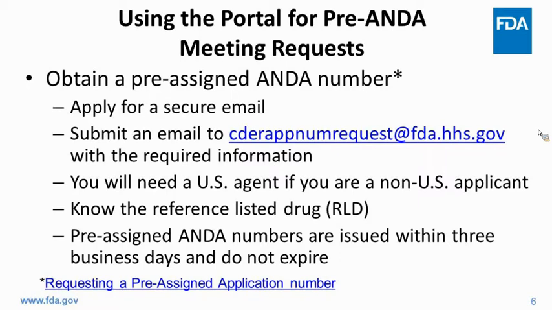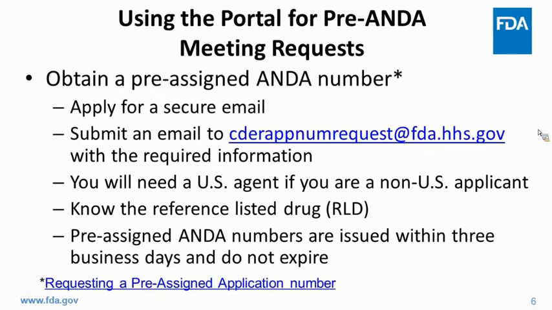In order to use the portal for pre-ANDA meeting requests, the first thing you need to do is obtain a pre-assigned ANDA number. I have the instructions written out here. There's a nice website on FDA; if you just Google pre-assigned number, it'll come up and give you all these same instructions and links.